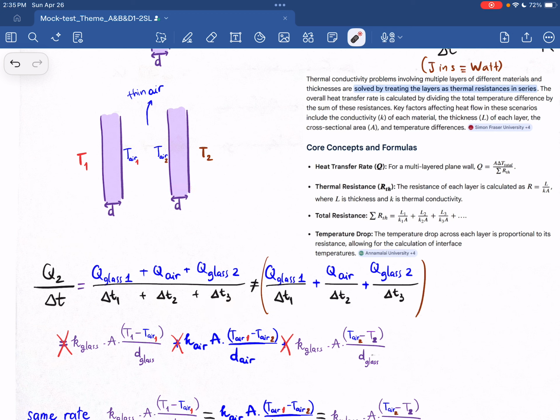I want to highlight that we must distinguish clearly: this one is the rate of thermal energy transfer through the first layer. There's a difference here. This is the total heat, the sum of total heat, and this is the total time, the total sum of the time.